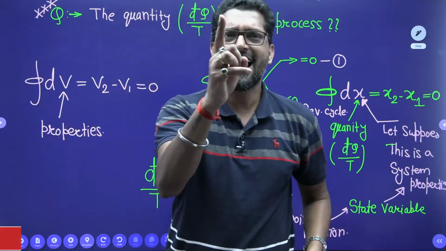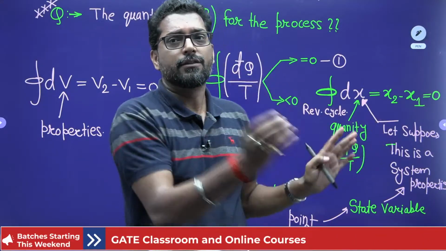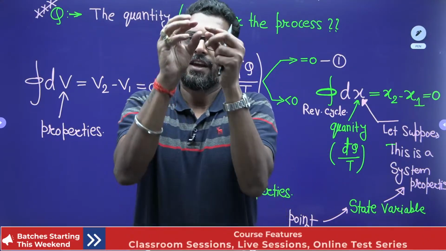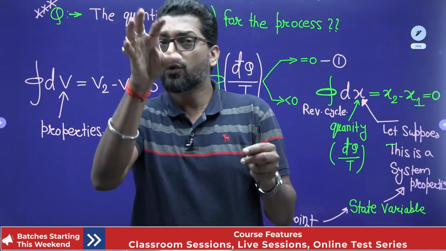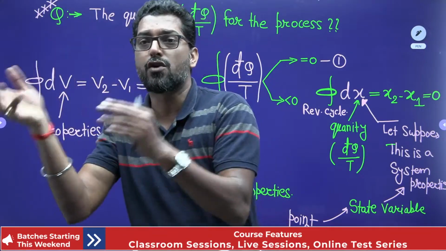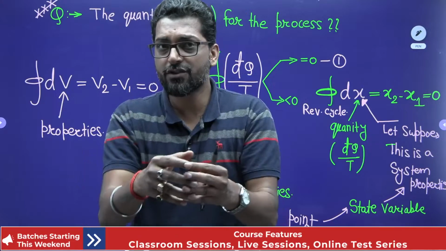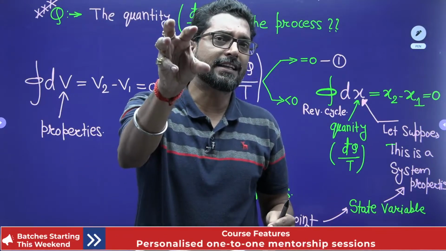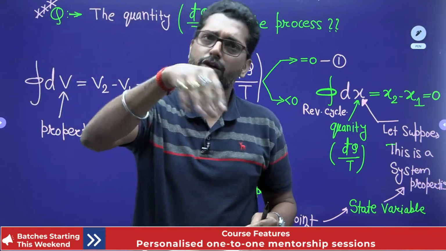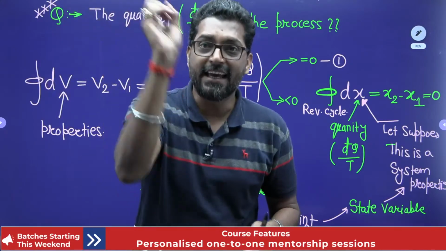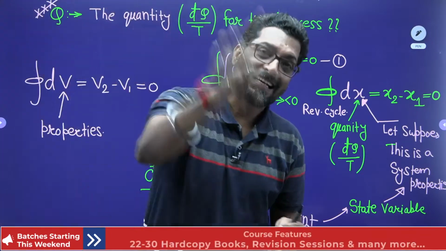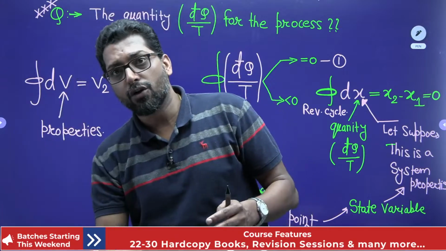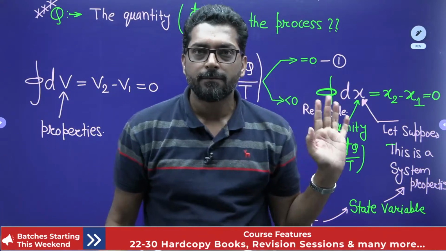The first line, see, forget all the things. Just think basic. If there is any quantity, how to check that quantity is a property or not? Take any quantity, either property or not. Take a change whose cyclic integration is 0, then that quantity must be a property.